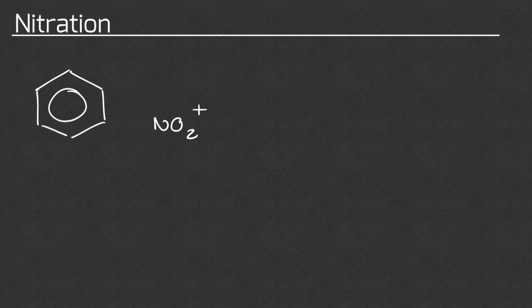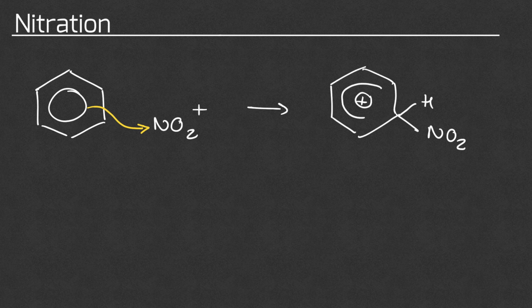Now we've generated the nitronium ion, we can draw the mechanism just like we practiced a moment ago. The first step is the benzene ring attacking the electrophile, forming the intermediate structure with the hydrogen and the nitro group shown on the same carbon, and our broken delocalized ring, starting and finishing one carbon away from where we've added our new group.